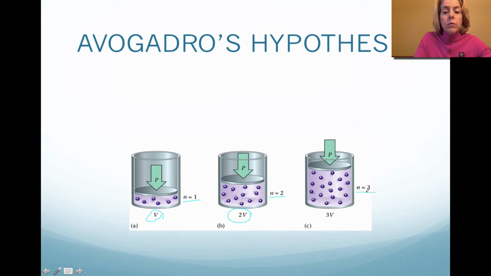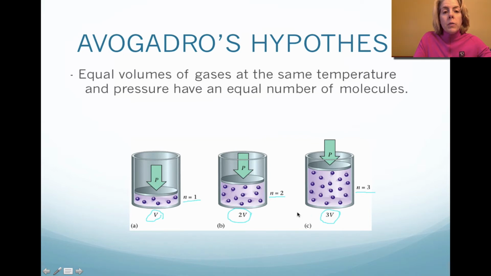And if you triple it, you have a tripling of the volume. So what this means is that at the same temperature and same pressure, whatever the volume is, it's going to equilibrate with the number of molecules. So the more molecules you have, the more volume you're going to have.